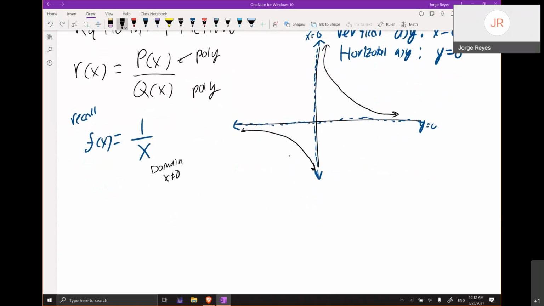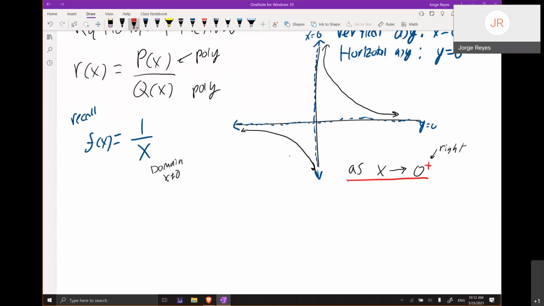As x goes to, and I'm going to use an arrow to mean goes to or tends to, 0, what direction am I coming from, here or here? To tell you what direction I'm coming from, I'm going to put a plus or a minus. A plus means the right, or the positive direction.